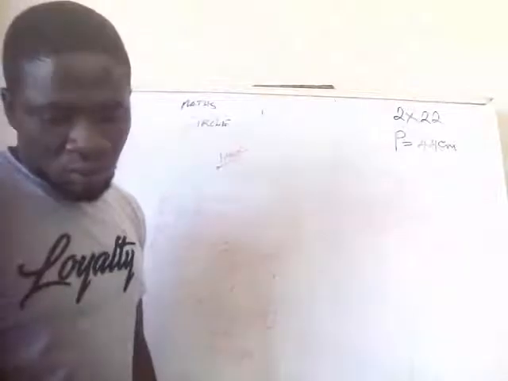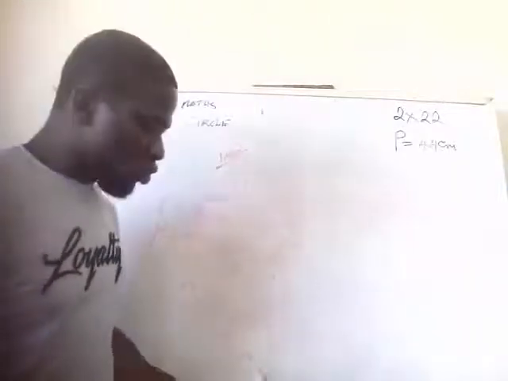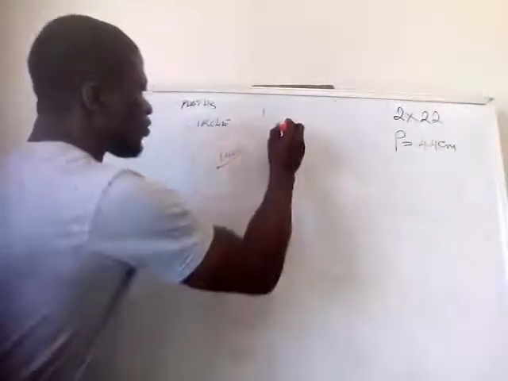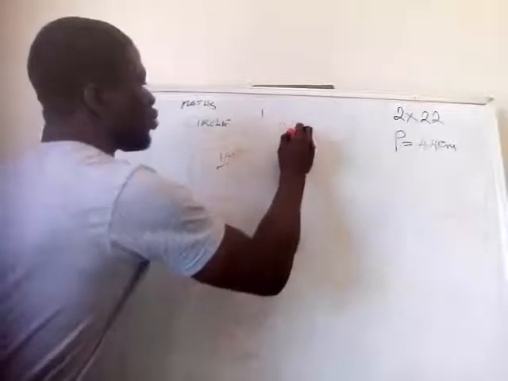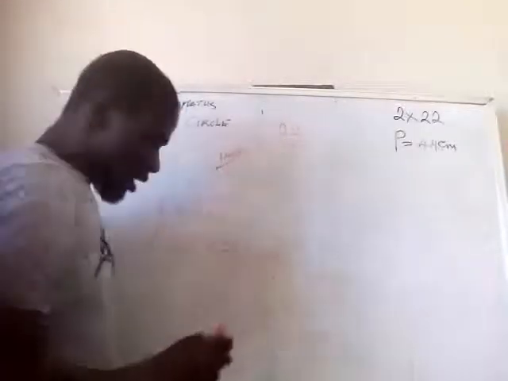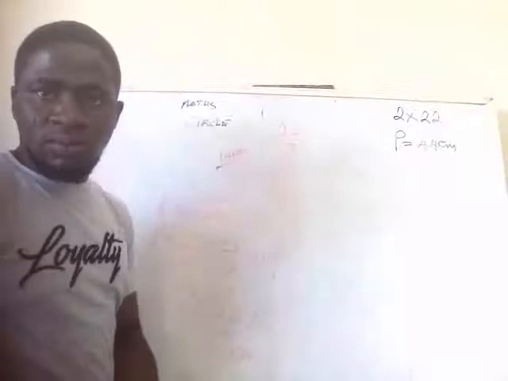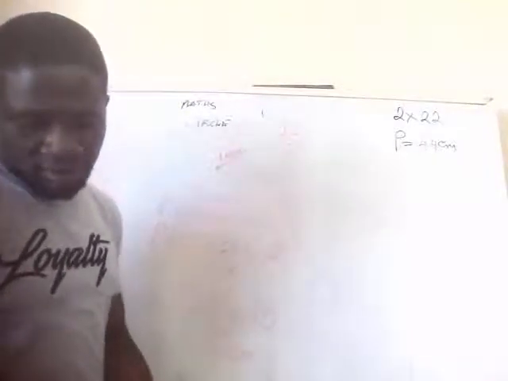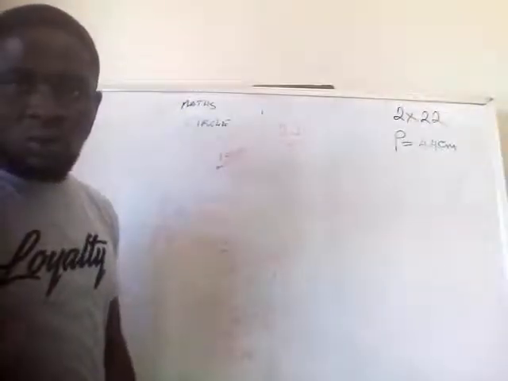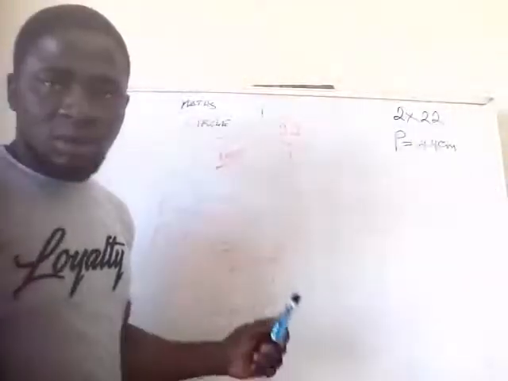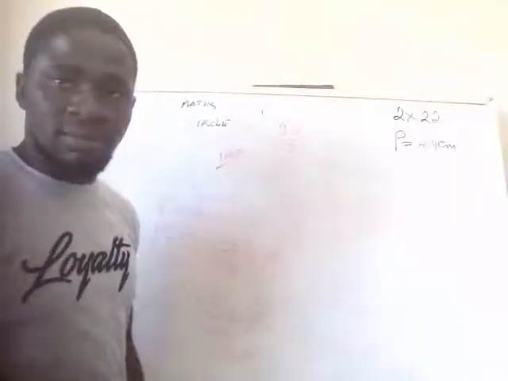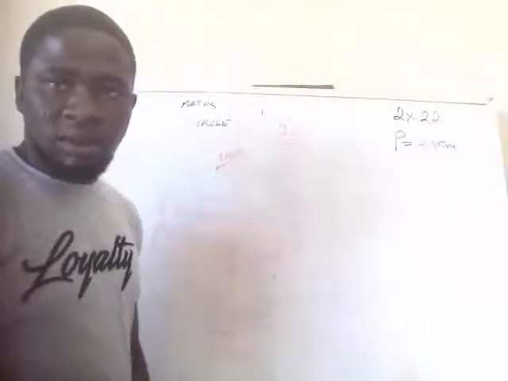Solve number 2 using 22/7. Forget about what they gave you. They gave you 3.142. Solve with 22/7. It's the same thing.